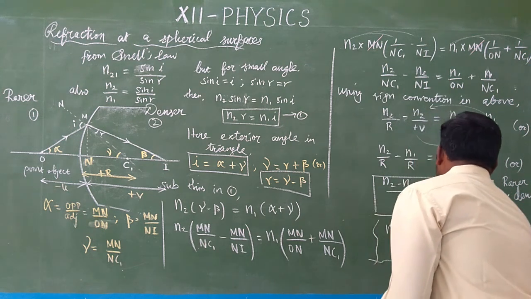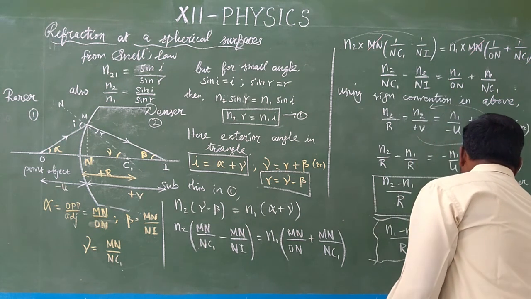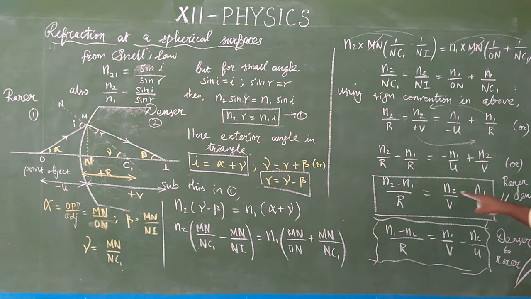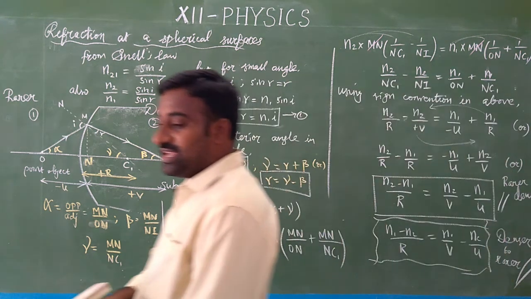So this is for the case when a light is traveling from denser to rarer. Okay, but mostly they won't ask this case. Only from rarer to denser they'll ask. Okay. So I hope you are very clear.